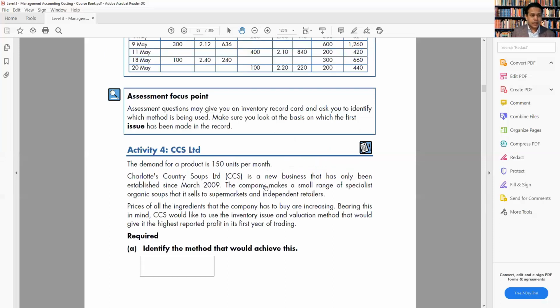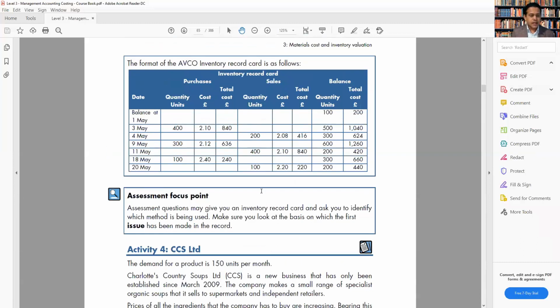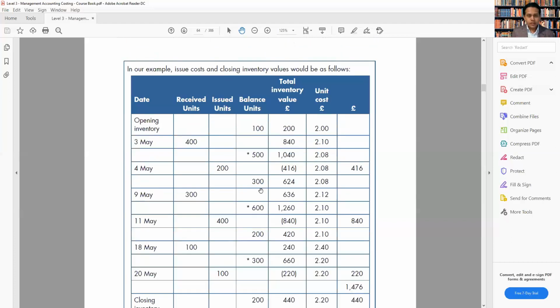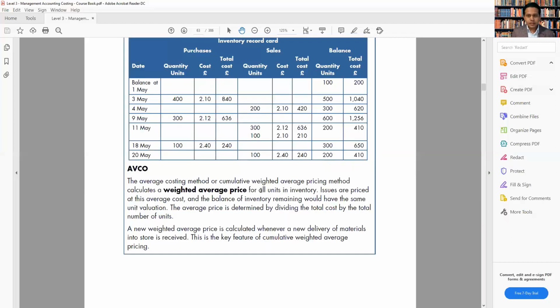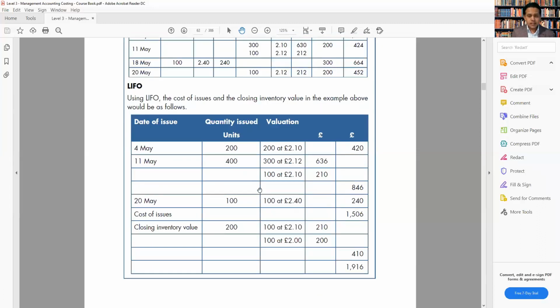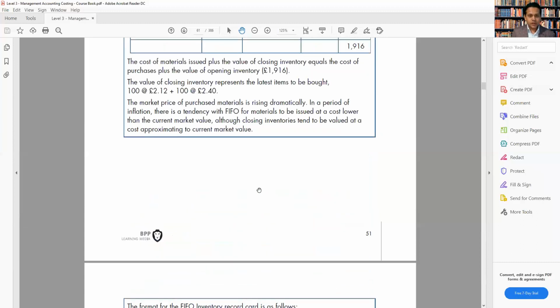Now let's quickly go back to the exercise again and have a look at the same question. Maybe the profit is there or not, I'm not sure. There is some reason why some inventory valuation methods give you more profit.